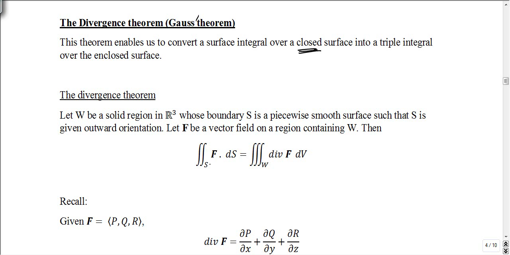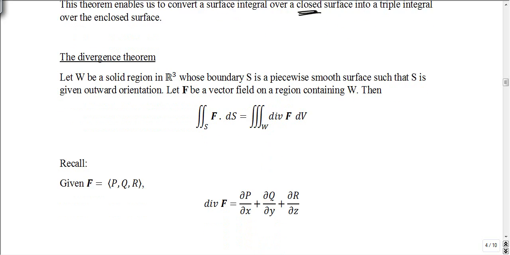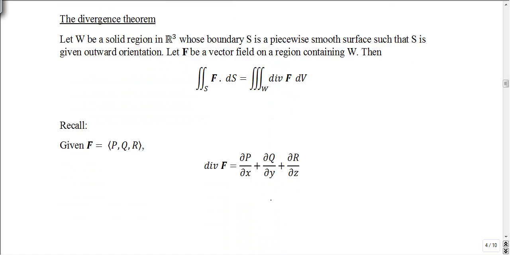The surface integral, the same surface integral we've been looking at, F dot dS, is a triple integral over W, the solid region, of div F dV. That is why they call it the divergence theorem, because you use div. And what is div? Recall, div F is the sum of these partials.